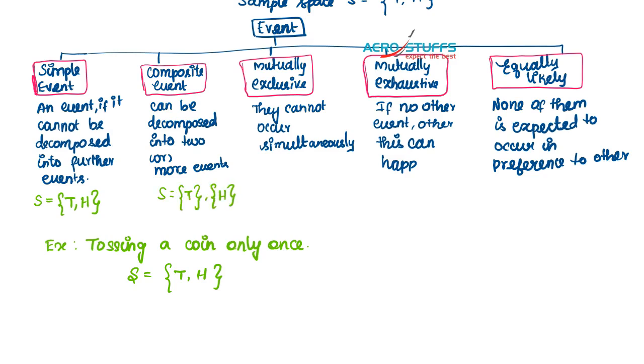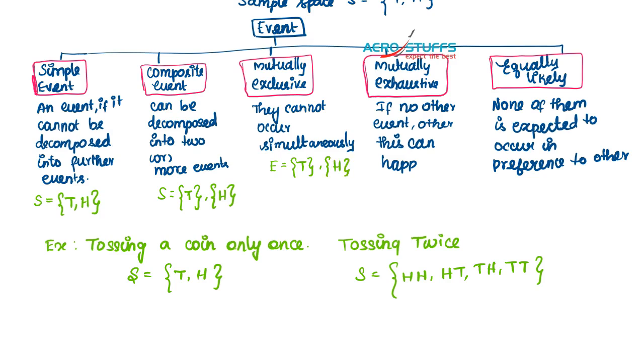Now tossing the coin is the great example I consider for all those events. You can recall what I have said previously. The same thing, tossing the coin twice. When you write the sample space, what will you get? Head head, head tail, tail head, and tail tail. This is the sample space for tossing the coin twice.